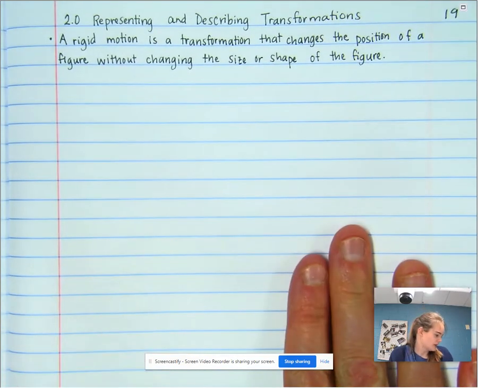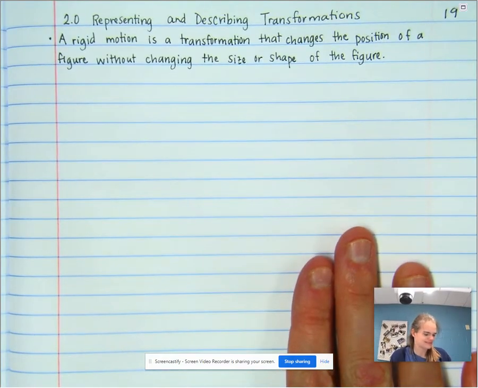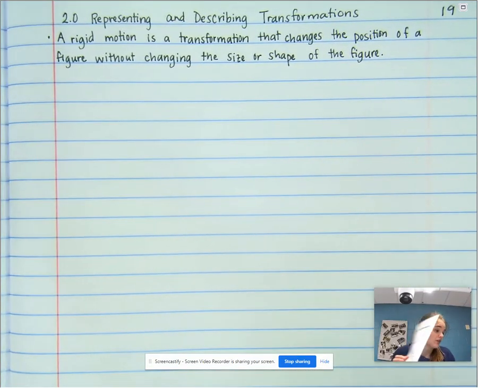Okay, once you have that written down, we're cutting something off. Drop my straight edge. We're cutting something off of page 33.